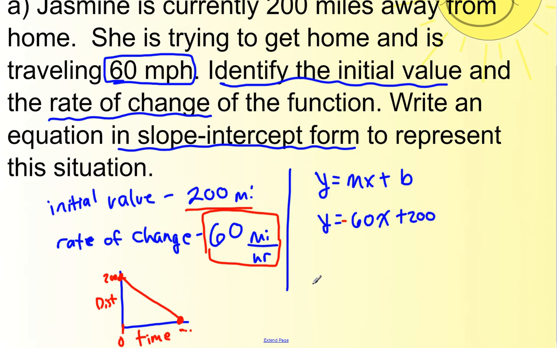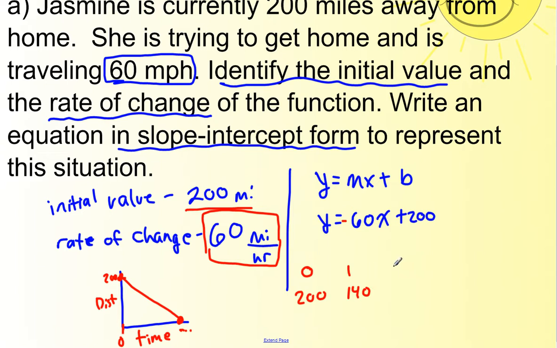So imagine, she starts off 200 miles away from home at 0 hours. Let me reverse this. At 0 hours, she's 200 miles away from home. At 1 hour, well, how far away from home would she be? Well, she would be 60 miles closer than that 200. So 200 minus 60 gives you 140.